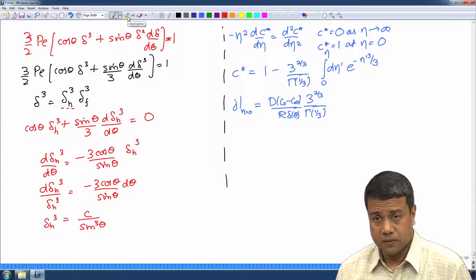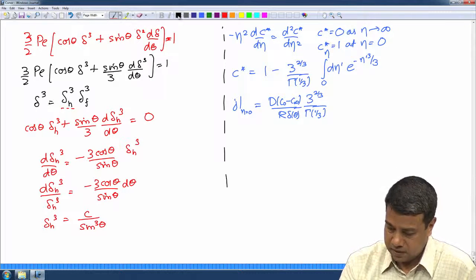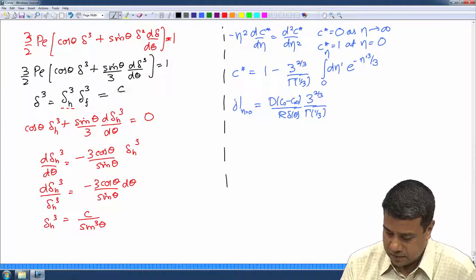So, that is the solution of the homogeneous equation. So, the first part will just be equal to c by sin cube theta.